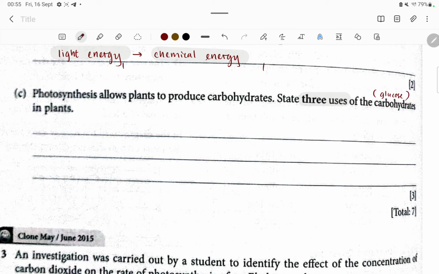So in glucose form, you can say carbohydrate glucose is used in respiration to release energy.